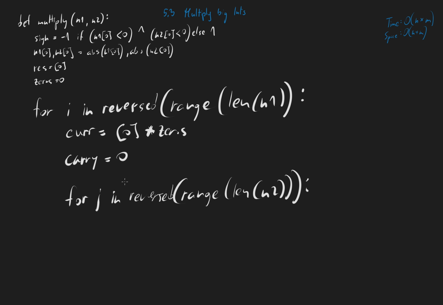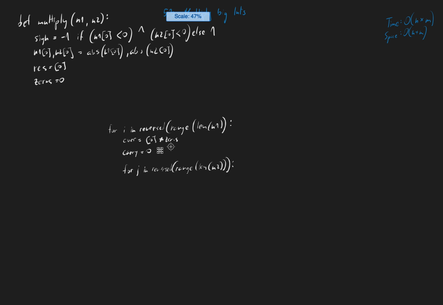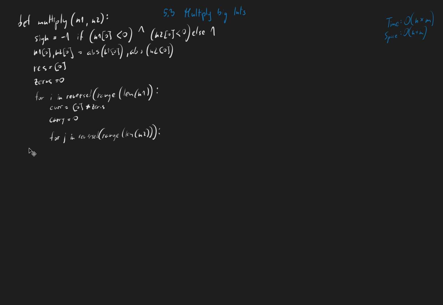Okay, so inside this for loop, we'll have our multiplication, which is n1 i times n2 j plus carry.